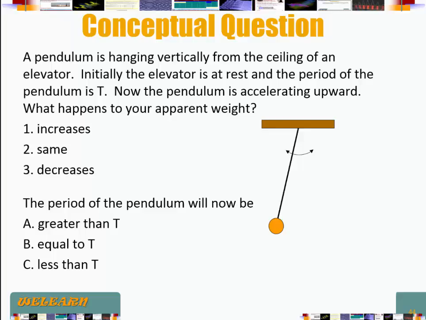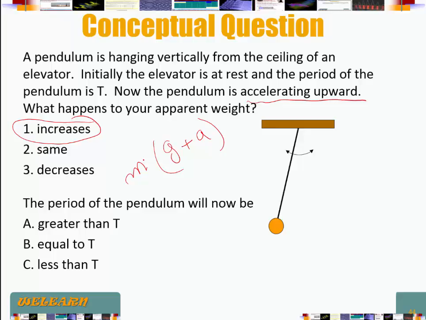Okay, when the elevator accelerates upwards, your apparent weight is going to increase. Remember, what the scale is going to read is going to be (g + a) times your mass.